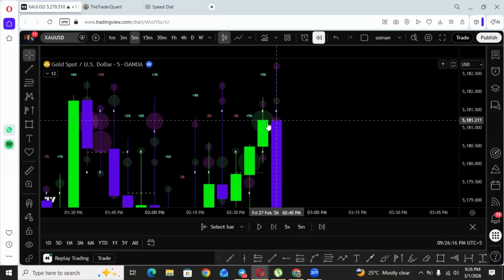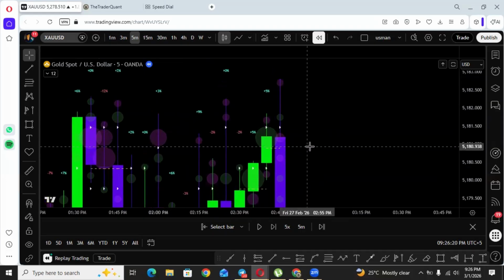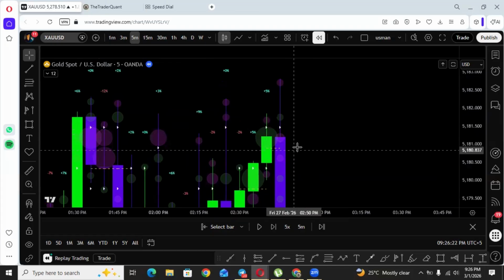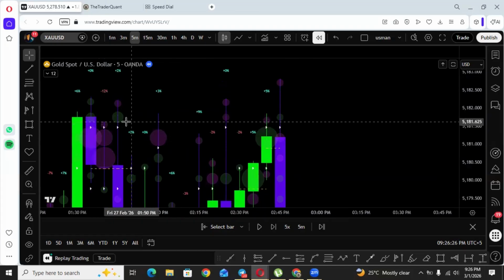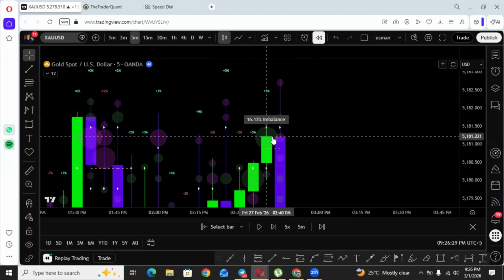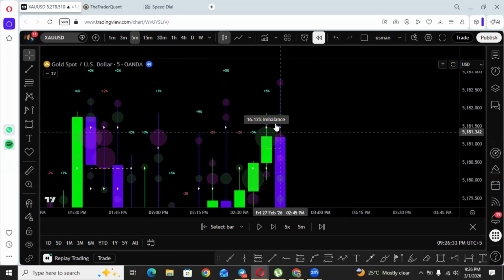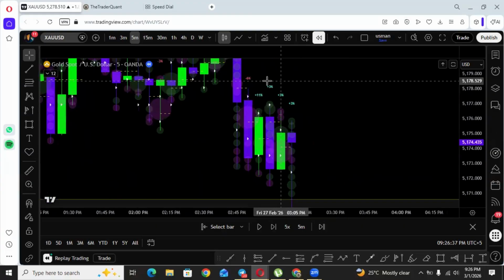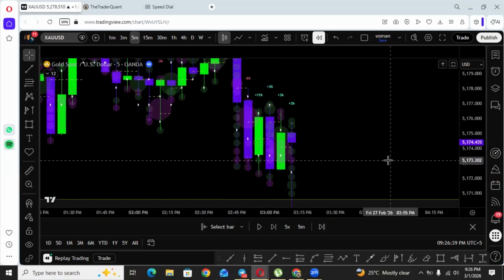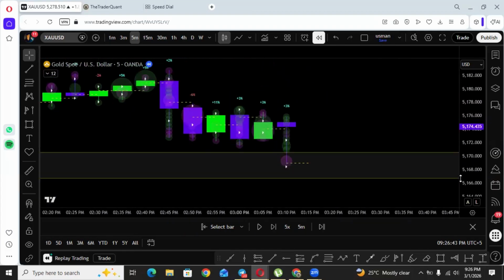If they put this much effort at this area, the result should be the same, if this is not a dangerous area. But they failed to close the final price of the candle above this imbalance, above this price level. As a result, price was pushed down. So this is the thing that I updated.